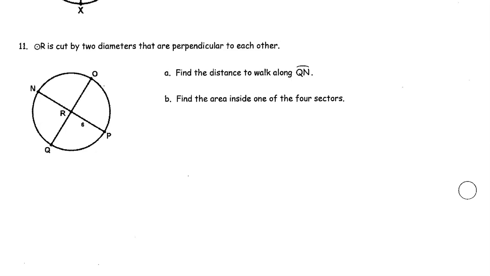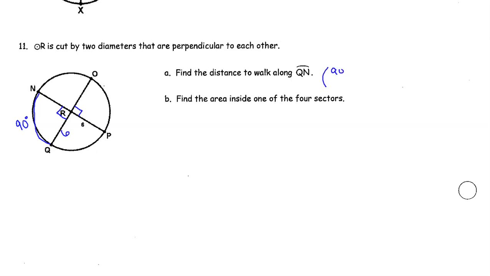And finally 11. So circle R is cut by 2 diameters that are perpendicular to each other. So we know if they're perpendicular, we get a right angle. So we want the distance from Q to N. So again, I know I have a right angle for my central angle. I know my radius is 6. Well, if my angle is 90, my arc is going to be 90.